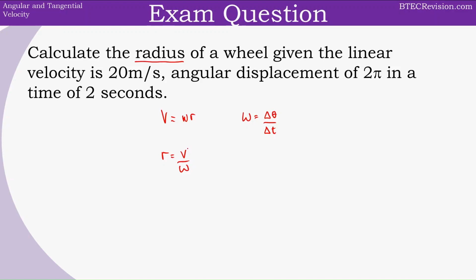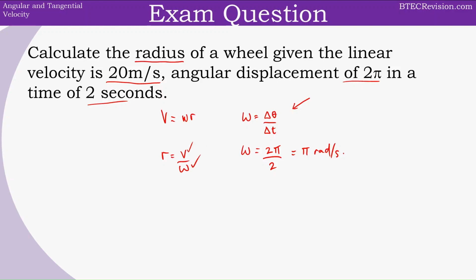We know what v is. That's 20 meters per second. So we can use this equation to work out omega first. Delta theta, it says the angular displacement is 2 pi. So that is 2 pi divided by a time of 2 seconds, which gives us a value of pi radians per second.